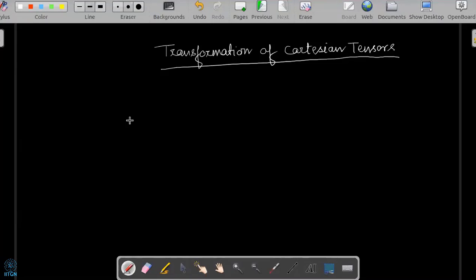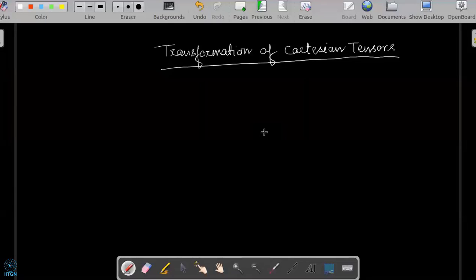So if we have a vector v, for example, and we are describing this vector v with respect to the x1, x2, x3 coordinate system, and then I rotate this coordinate system, the component of the same vector will be different from what we got in the previous set of coordinate system.